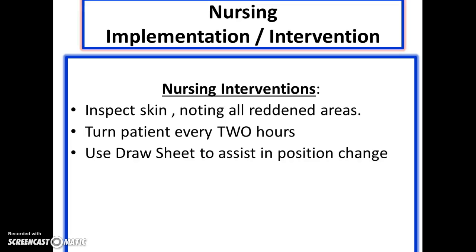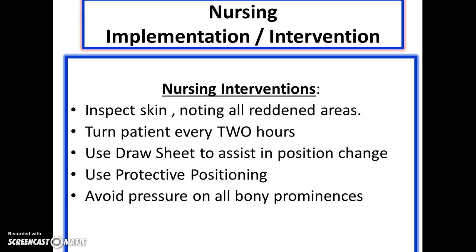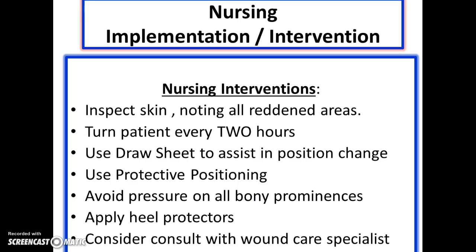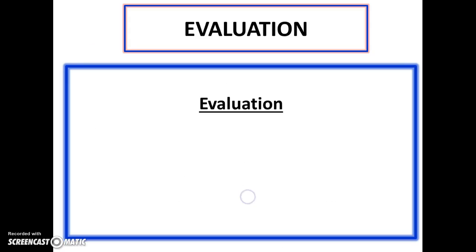You're going to use a draw sheet to assist in position change. Use protective positioning, meaning putting the pillows in the appropriate spots to get the pressure off of the bony prominences. And that's the avoid pressure on bony prominences. Apply heel protectors, and then consider consult with a wound care specialist.